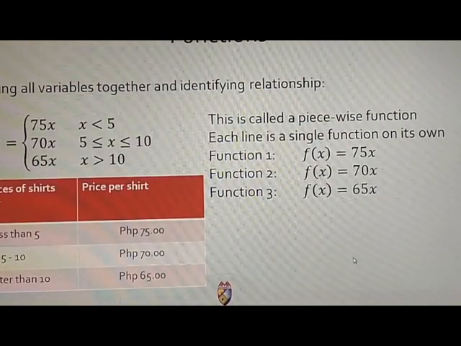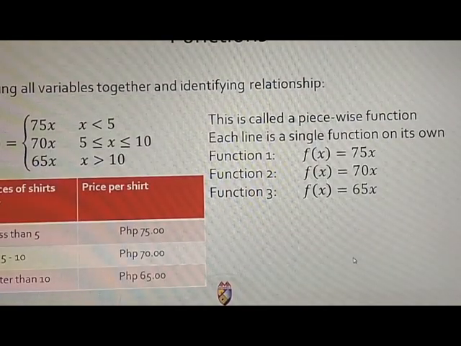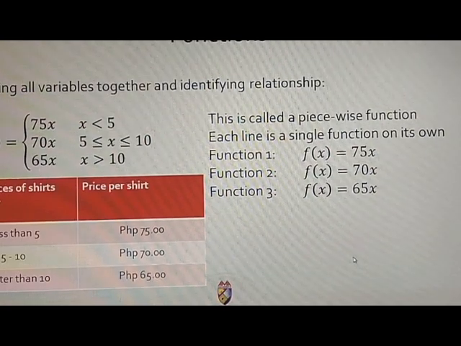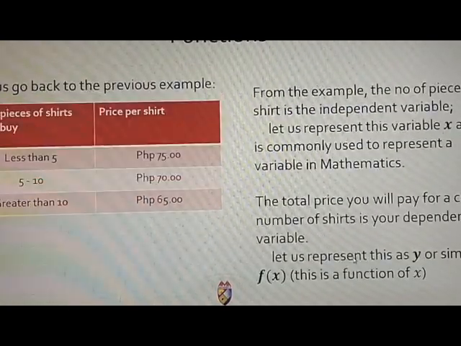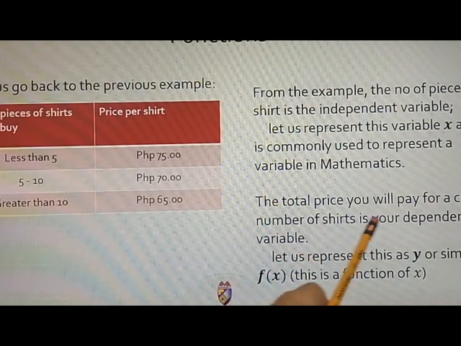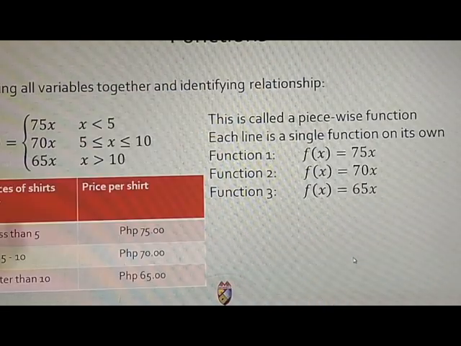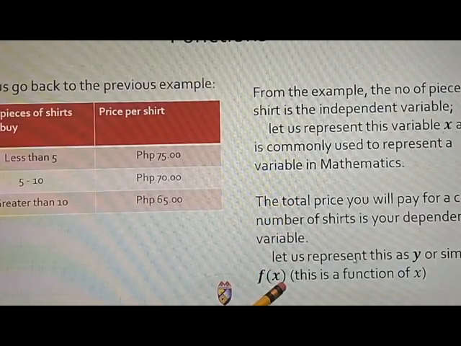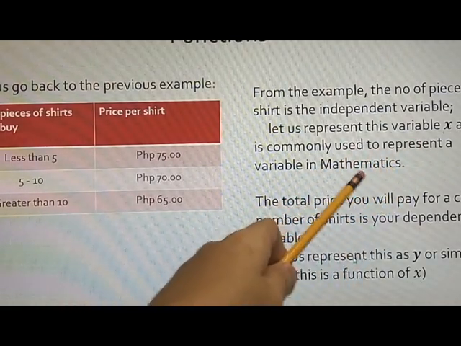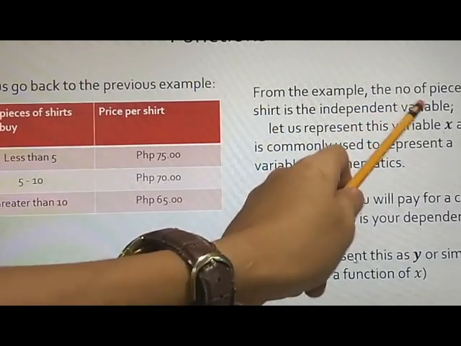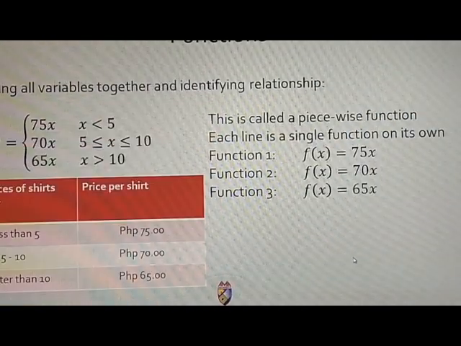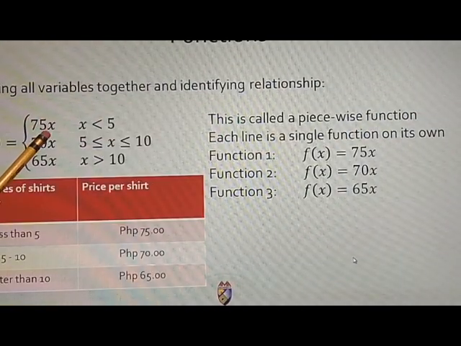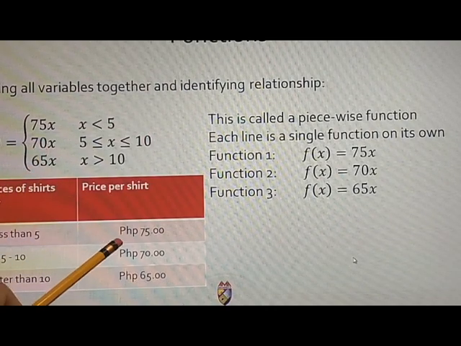Putting all variables together and identifying the relationship, we have f of x representing the total price you will pay. That is, f of x is equal to the variable x, or number of pieces of shirt, times the price per shirt.